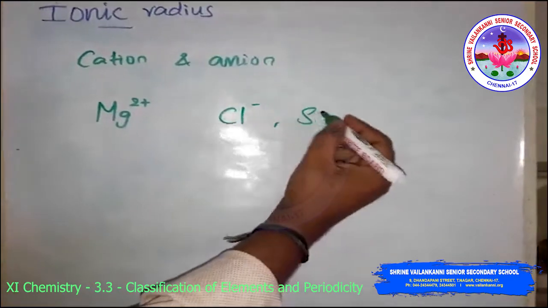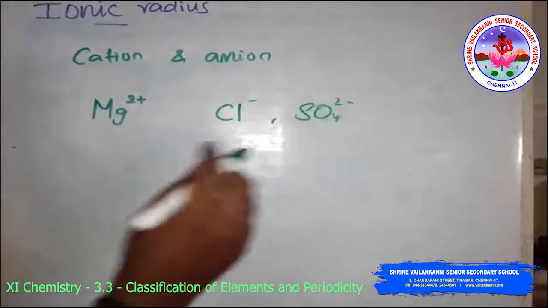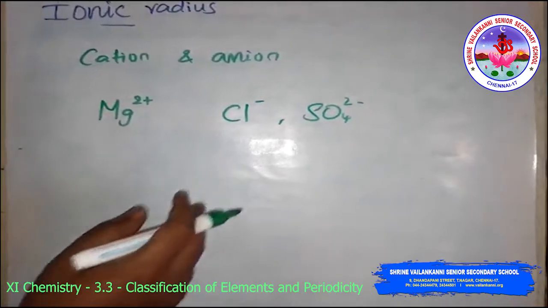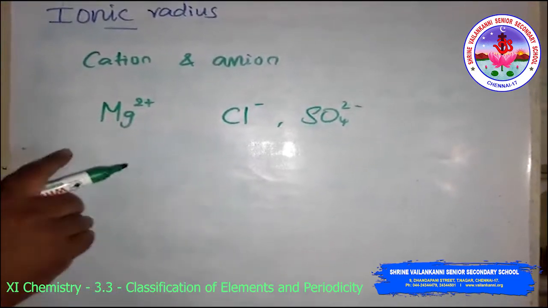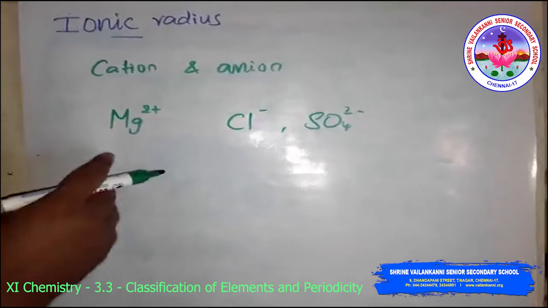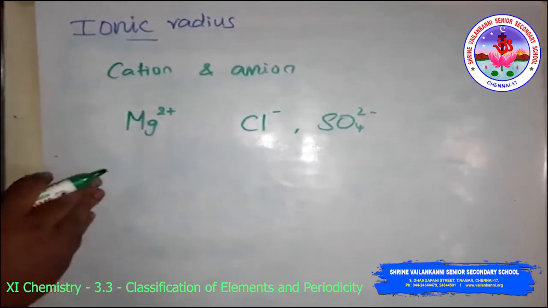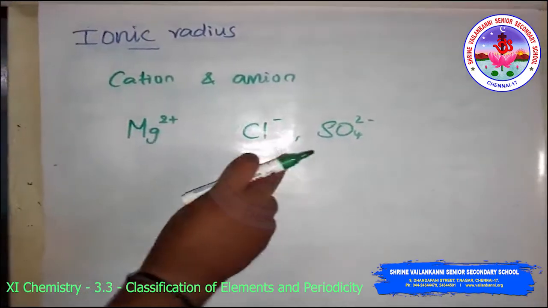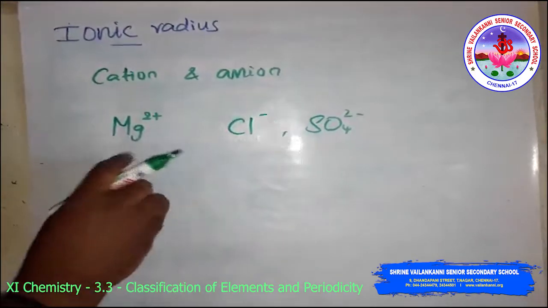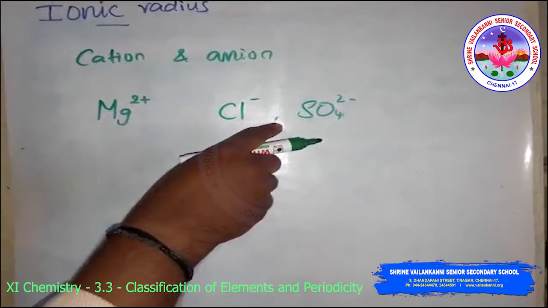Chloride ion and sulfate ion, SO4 2-, are anions. The cation is smaller than its parent atom because it has fewer electrons, while its nuclear charge remains the same. So the size of the anion will be larger. This is smaller and this is larger.